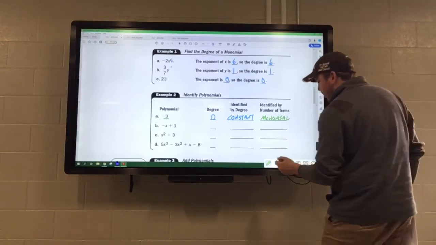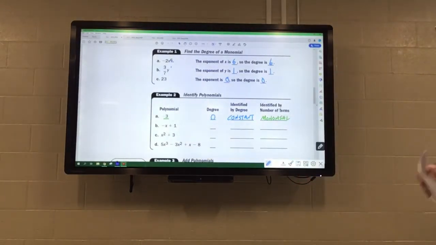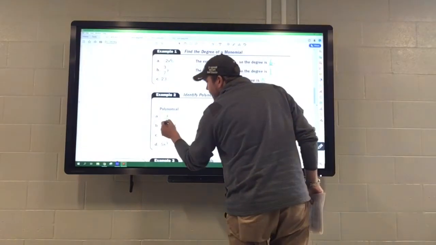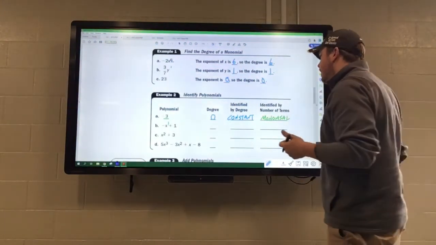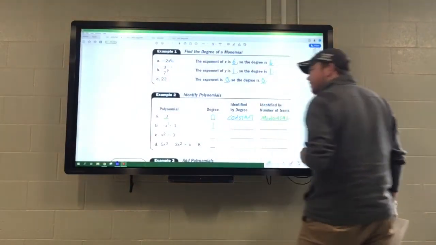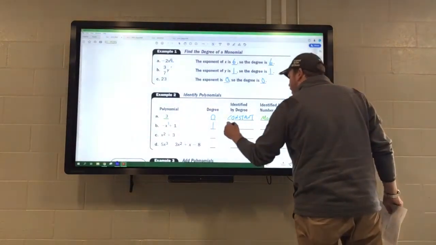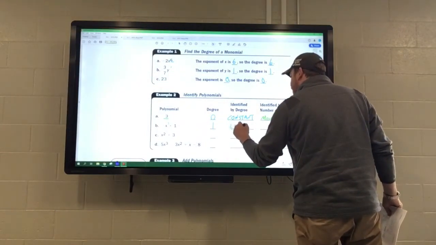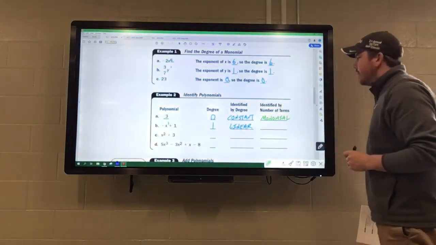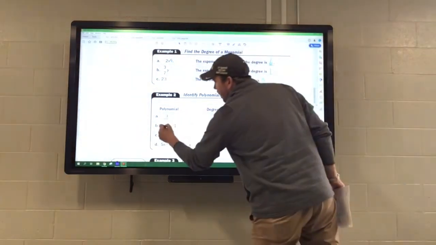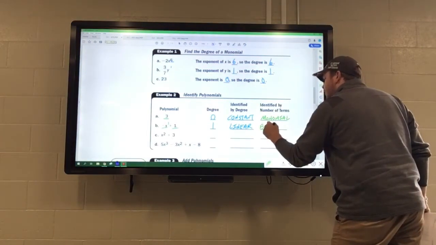Great, let's keep going. This one, again, we look at our variable, okay? Our variable has an exponent of 1. Again, when it's not showing an exponent, we know it's 1. So this has degree 1. When we have degree 1, we call it linear. Okay? And if we define it by the number of terms, there are 2 terms here, so we call it a binomial.